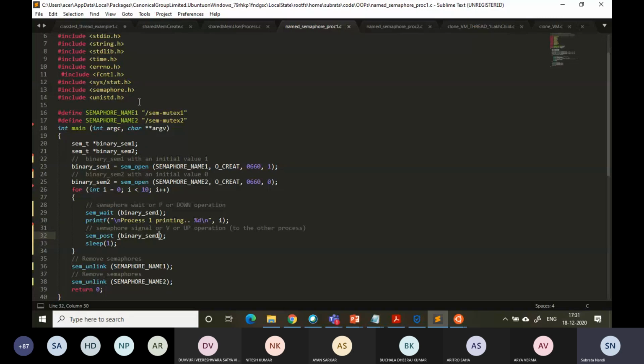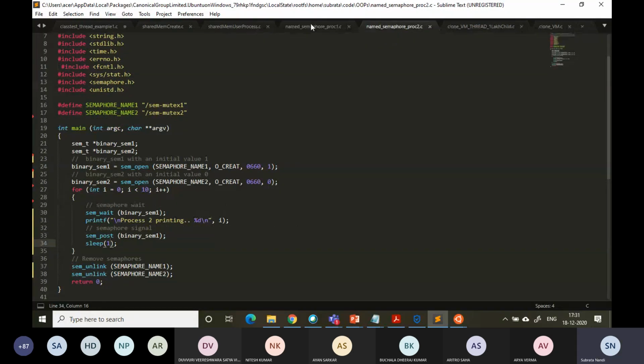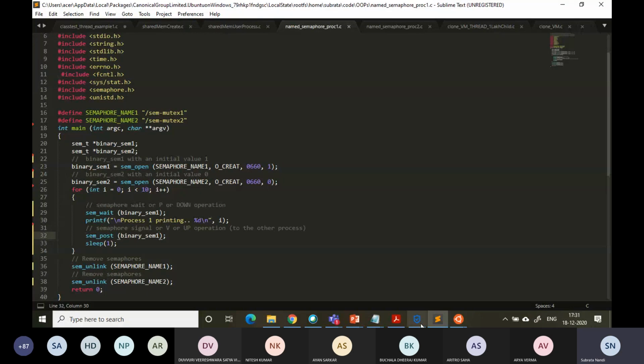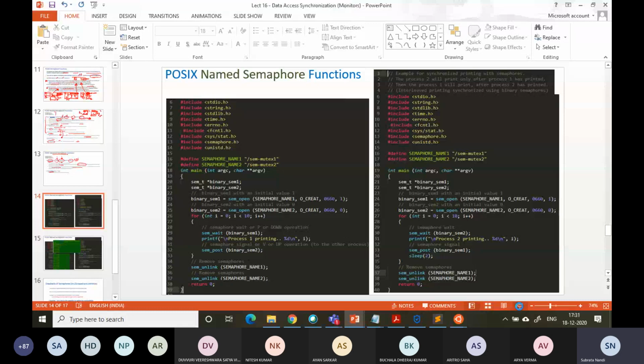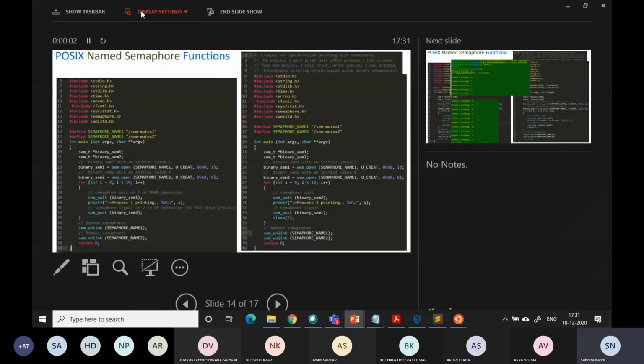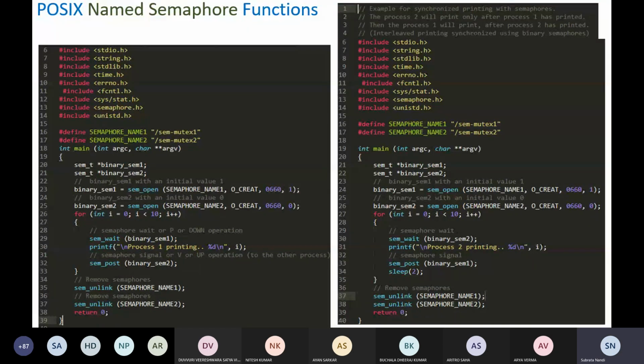There are two processes. I think it's better to show it here itself, and I can execute it there. Can you see the screen?